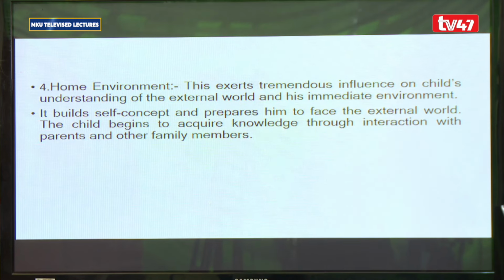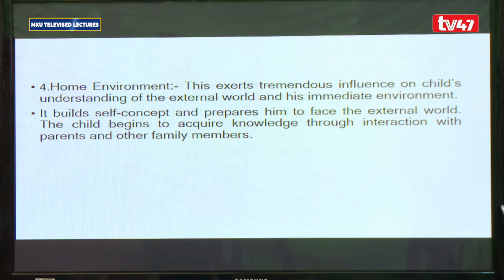Next, let's go to the home environment. The home environment is where the child is growing. The experiences from the family, siblings, caregivers, and of course the daddy if he's around. This is where it exerts tremendous influence on the child's understanding of what the external world is like.